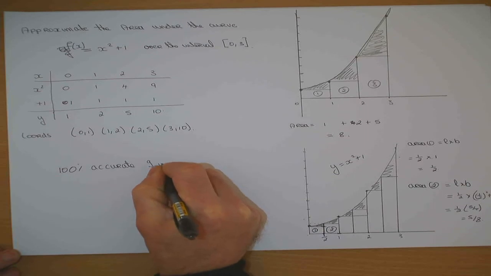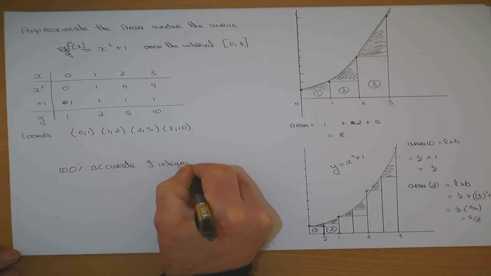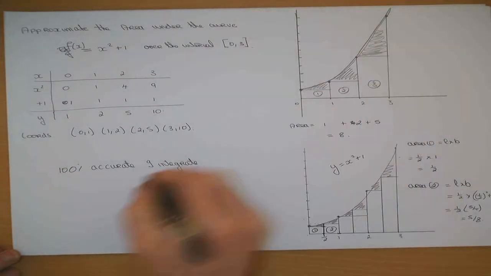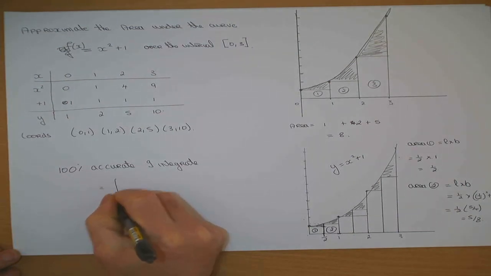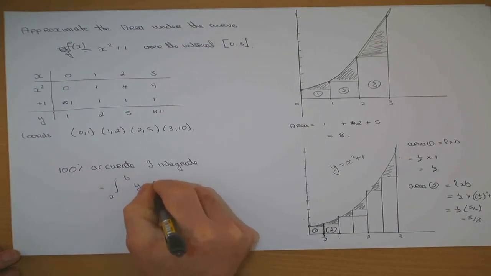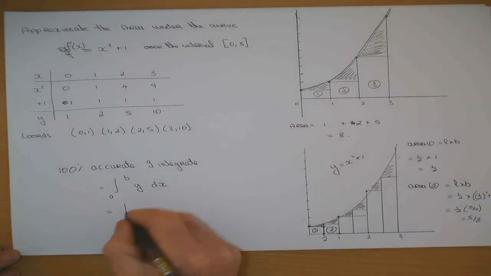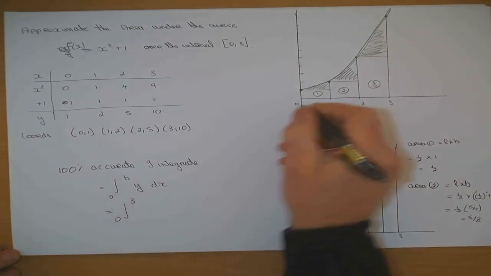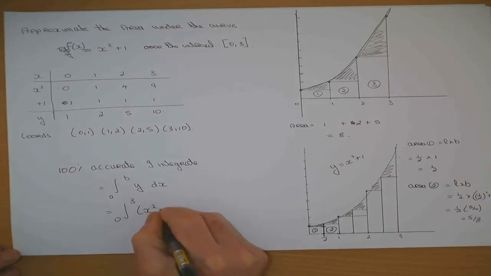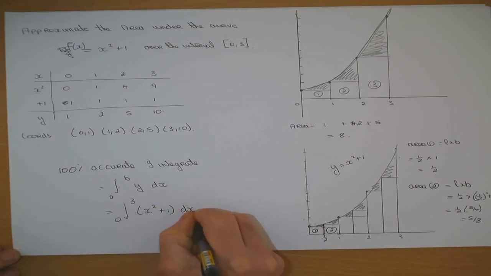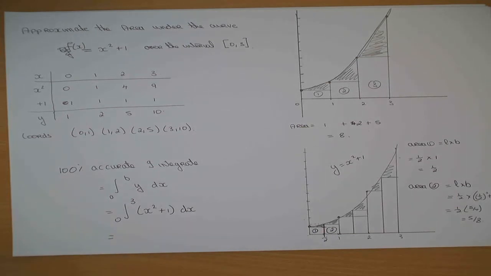To be 100% accurate, I integrate. The area under that curve is the integral from a to b of y dx. I'm integrating from what? 0 to 3. Of what's y? x squared plus 1 dx. And that will give it to you accurately.